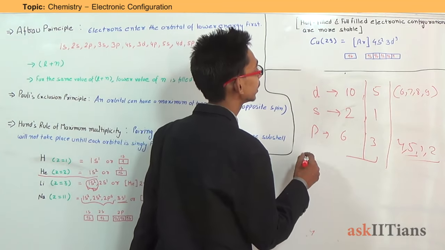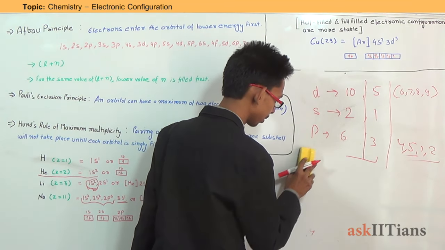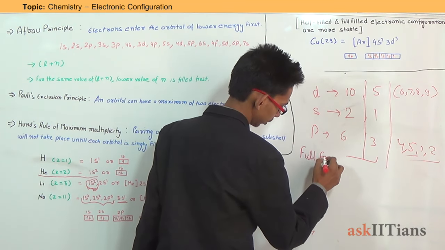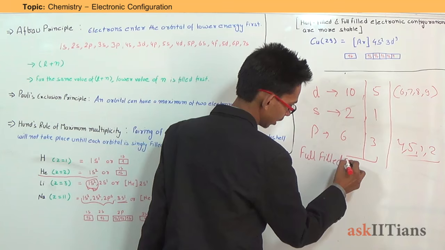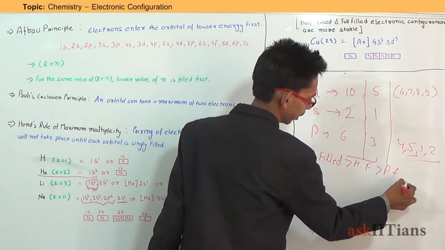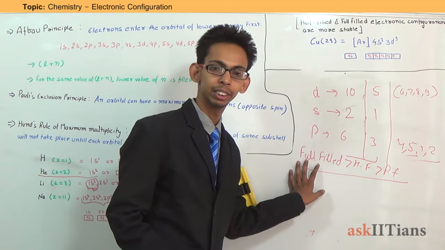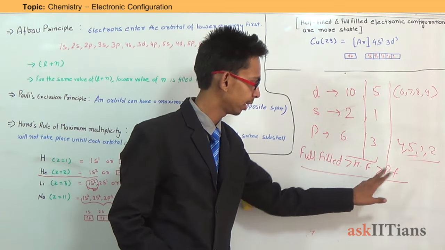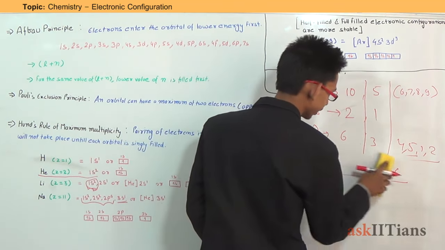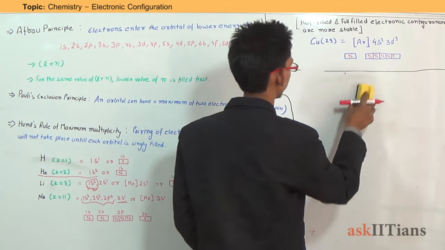Actually, the order is: the most stable one is the fully filled orbital, followed by the half filled orbital, followed by the partially filled orbitals. Now let's understand this situation with the help of an example of copper.